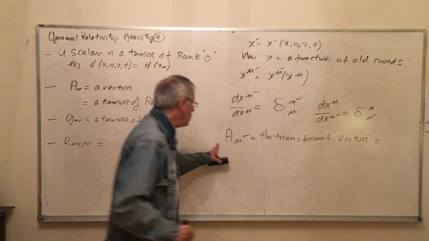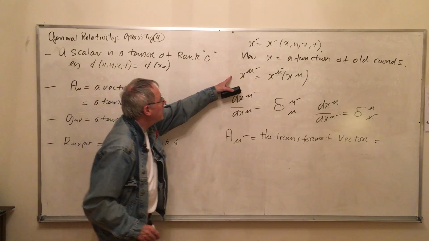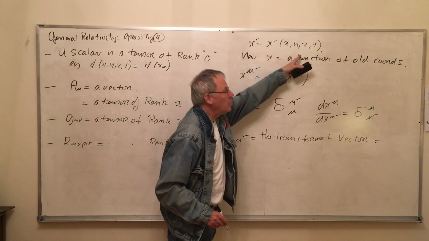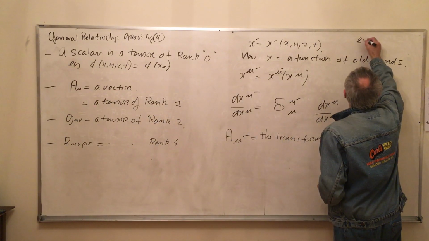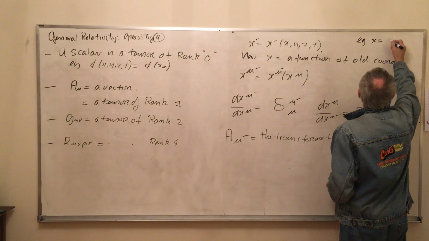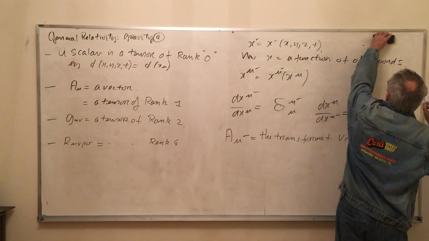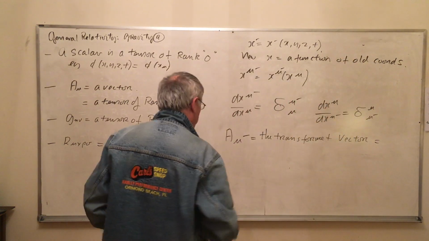The vector is seen in the new coordinate system, the dashed one compared to the older one. I'll leave it out. Don't have time.